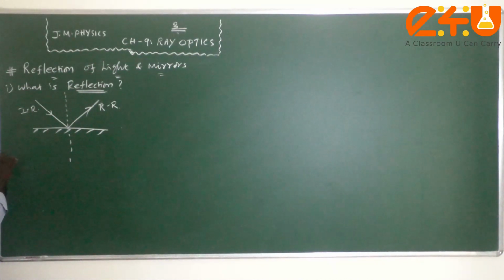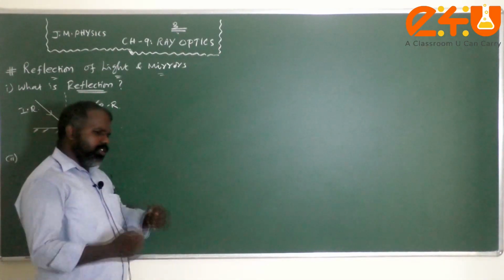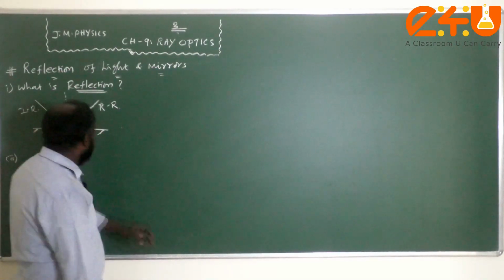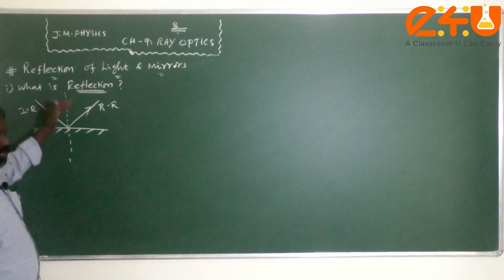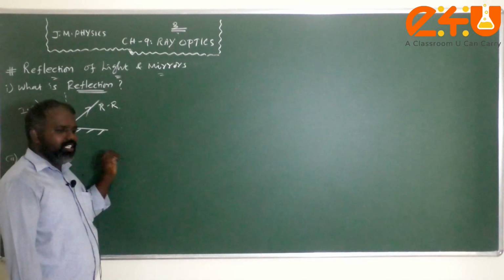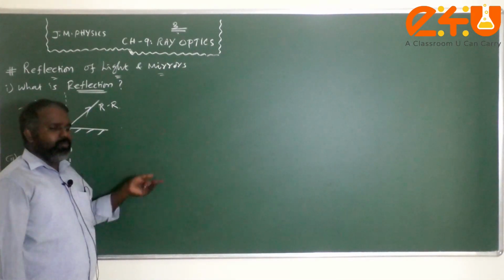And the second thing we are going to discuss is the difference between ray optics and wave optics. In ray optics, we are considering a very basic property of light, that is rectilinear or straight line propagation of the light.